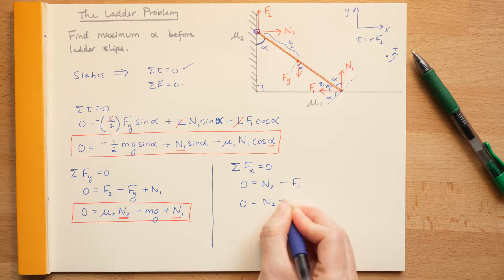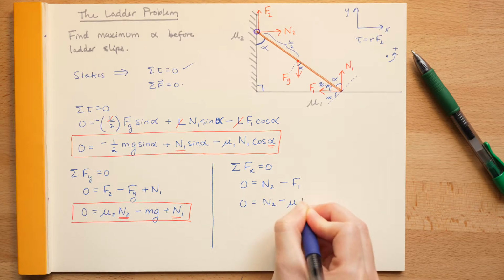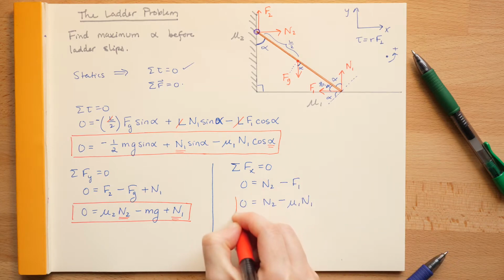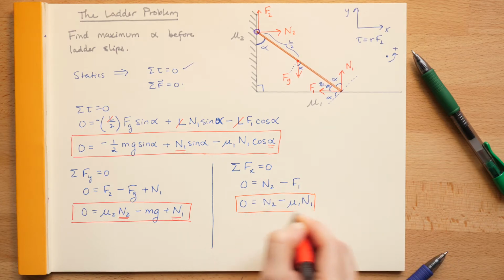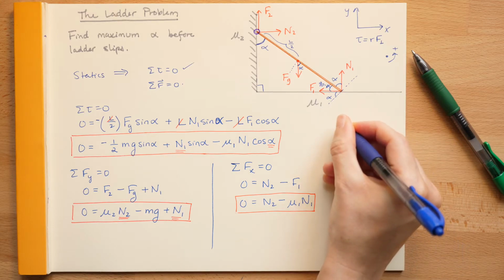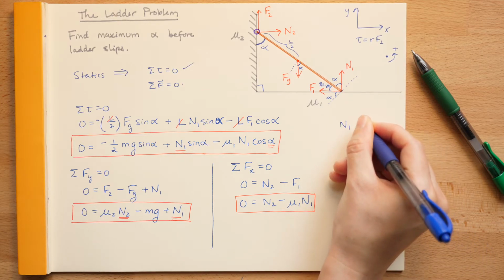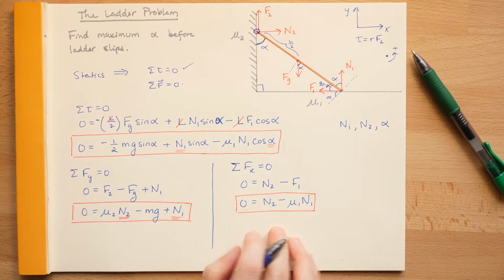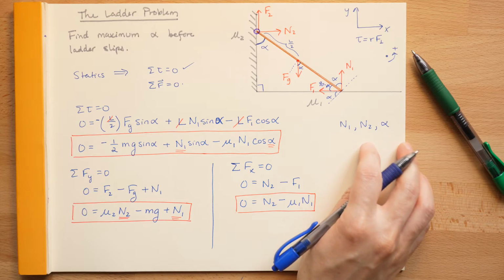And F1, again, is mu1 N1. That's it. So that's our third equation. So we have three equations, and how many unknowns? We don't know N1, we don't know N2, we don't know alpha, but we have three equations, so we can solve for all three.